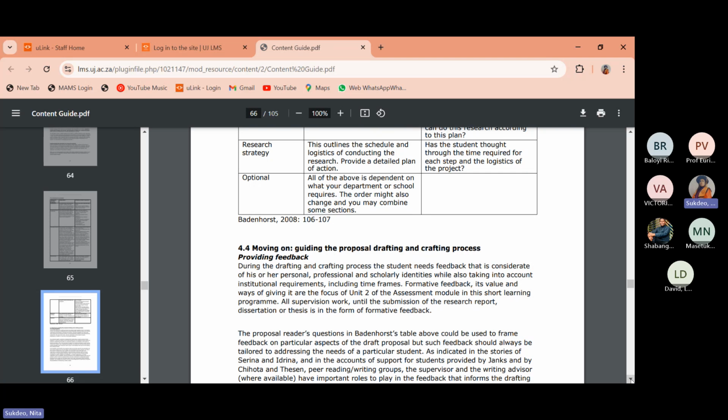Other optional areas would be, all of the above is dependent on what your department and school requires. So each faculty, each department is different in that if it is medical, you won't really use this template. Those in Faculty of Sciences use a different template. The concept is the same, but the way in which the proposals are structured may vary.